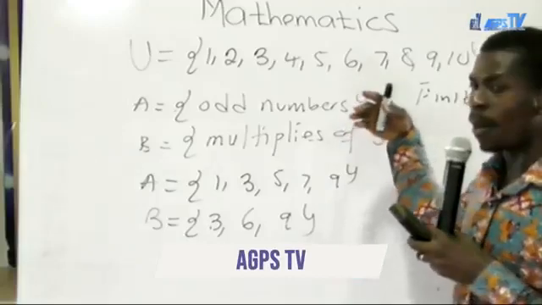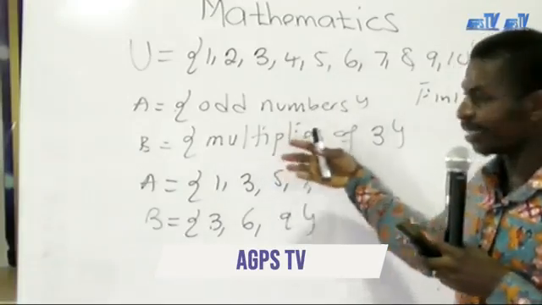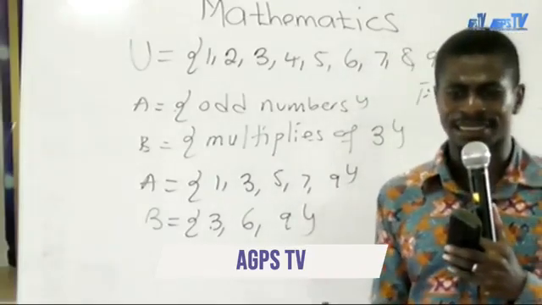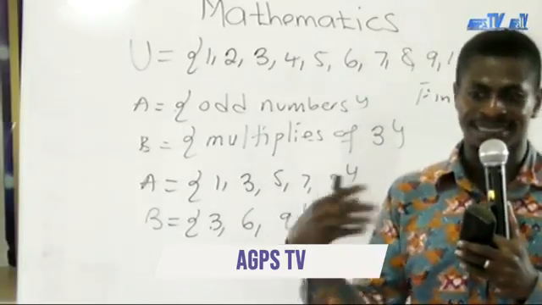how many subsets can be formed from a given set. How many subsets can be formed from a given set?